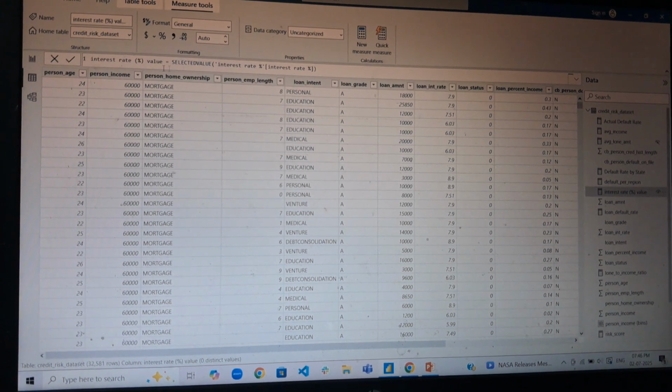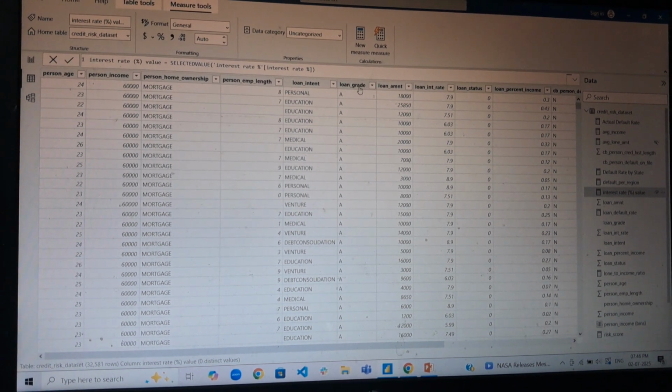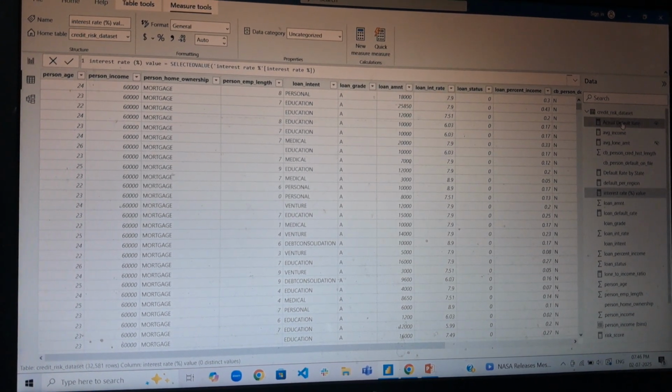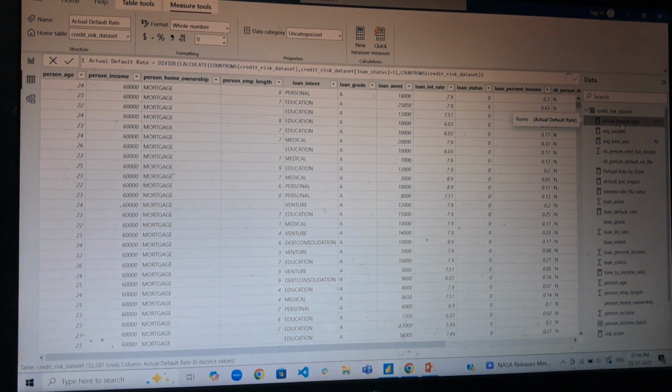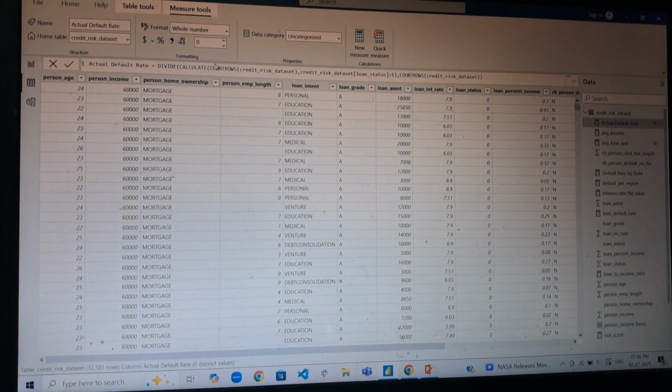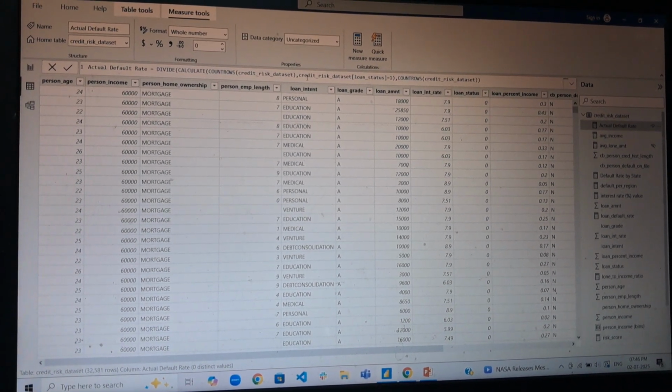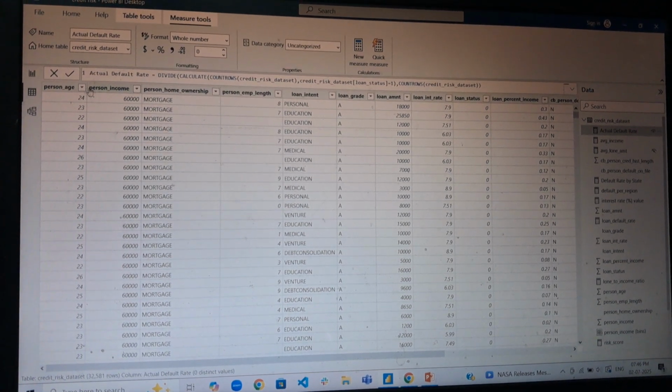Here we have calculated the average loan amount using the formula average of credit risk loan amount. We have also calculated the average interest rate and the actual default rate, using CALCULATE and count rows.